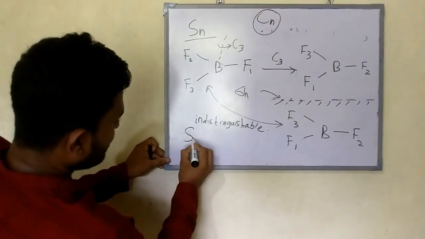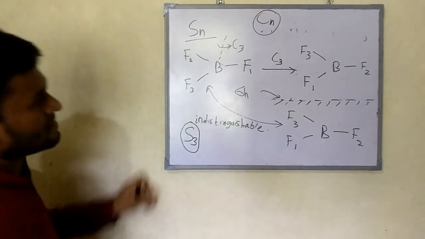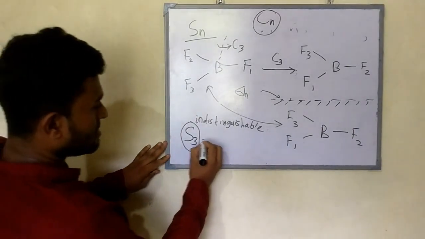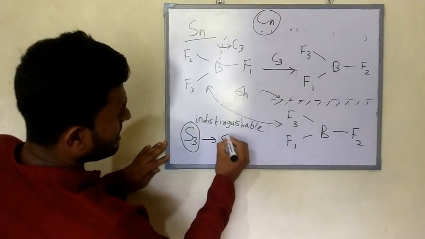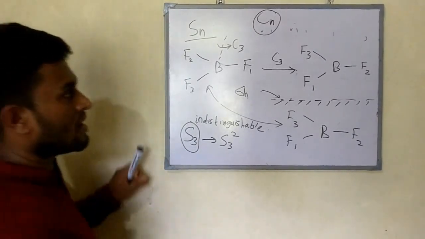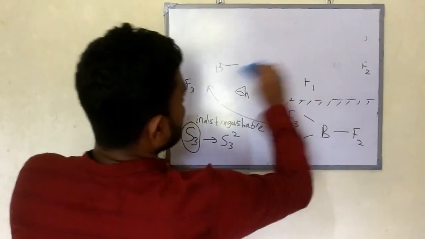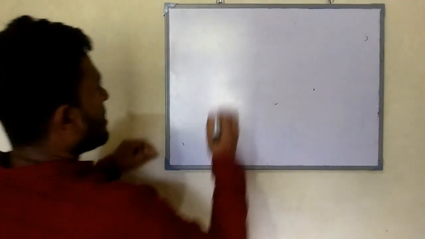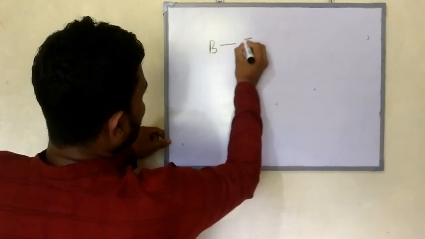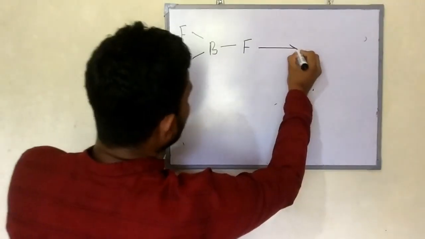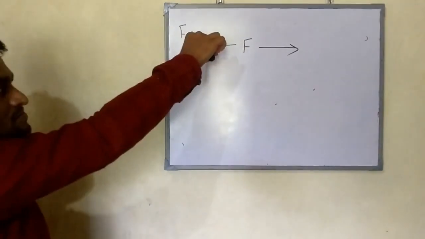So that is S3. For S3 there are also two types. Another one is S3 2. So how does this S3 2 come? Actually in the BF3 molecule you can rotate in the middle.